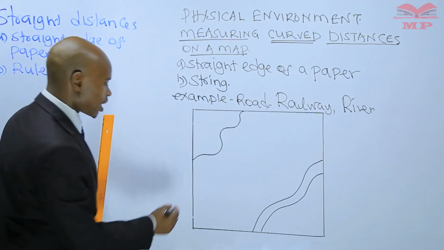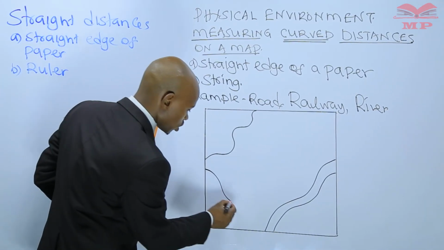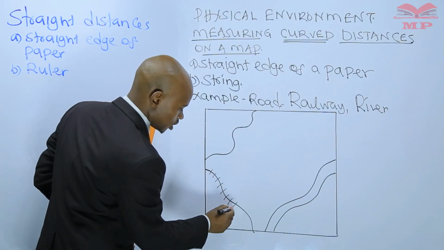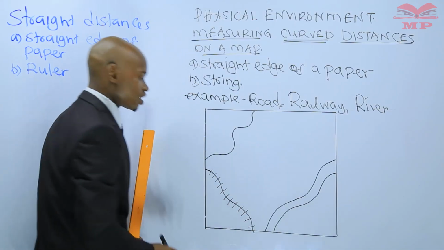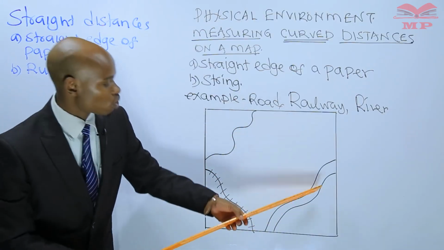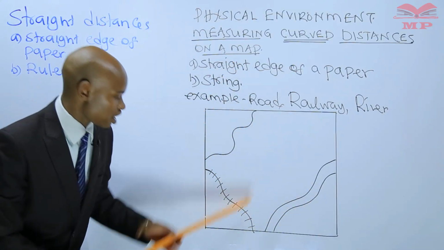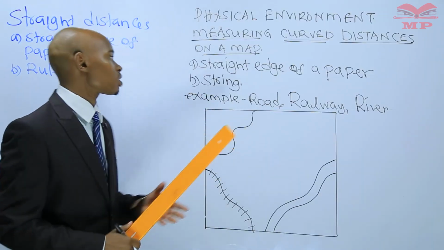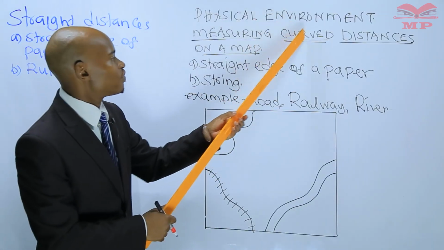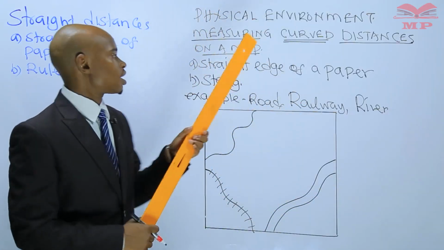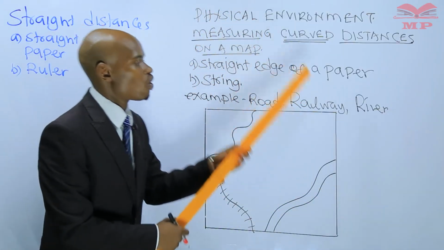Or maybe you can also have a curved railway. These can be very good examples. We shall go through a curved river, a curved road, and a curved railway. These three examples will give you a perfect image of how you are supposed to measure curved distances on a map using a straight edge of a paper.